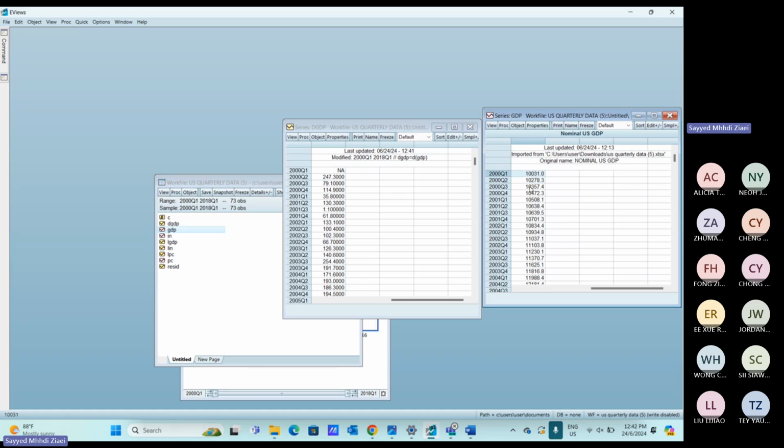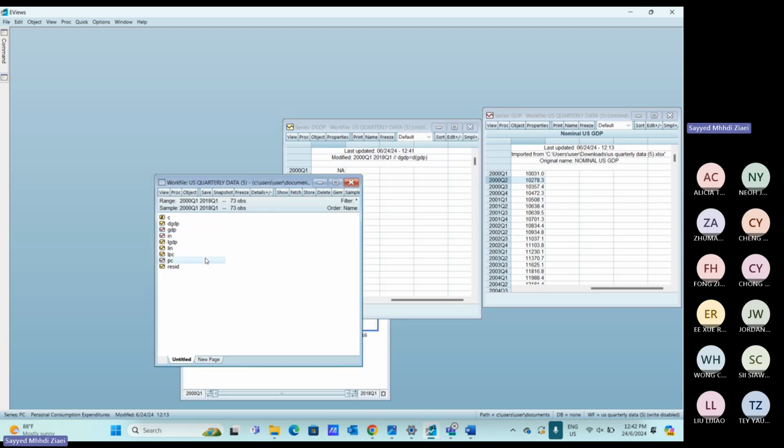For the first, we don't have any value because we don't have a value of 2025, for example. We are still in 2024. So for the first observation, we don't have any value. For the second, it is the difference between this one and this one. 10,357 minus 10,278 is 79. Am I right? So you can find the first difference.